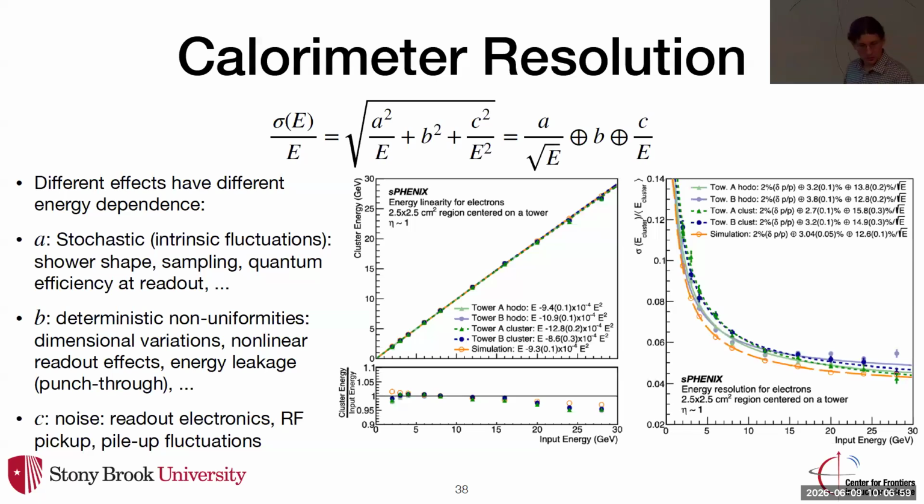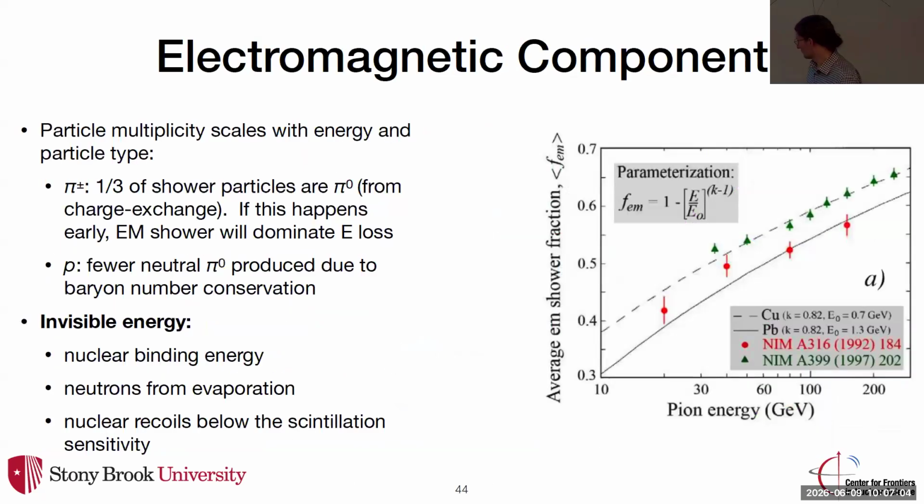Could you please go to slide 44? I'm just curious about the plot where you were showing the electromagnetic shower fraction as a function of pion energy. How do you calculate this fraction? You look at the shower profile from the calorimeter and then... I don't know how they did this. To be honest, it's NIM, so it's not enough of a clue.